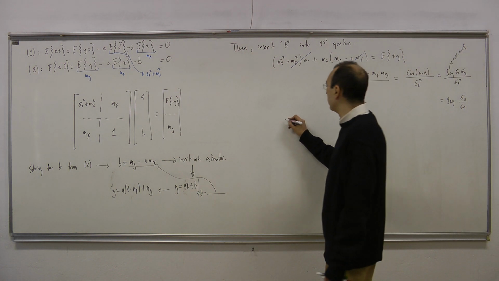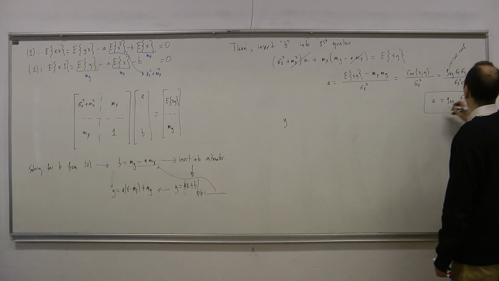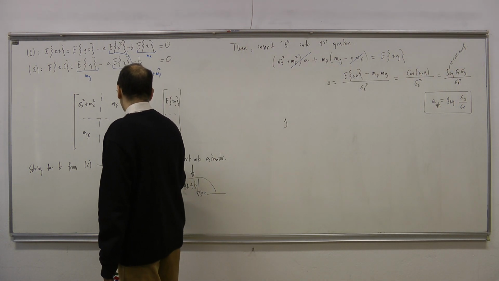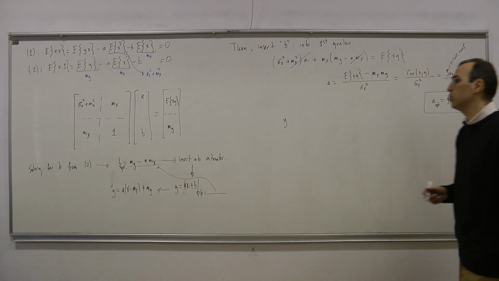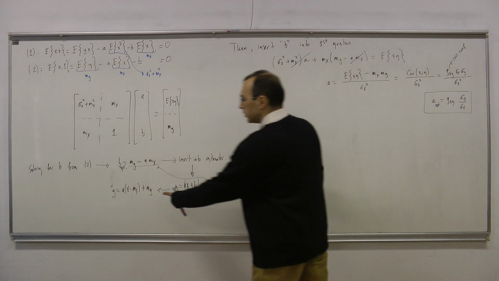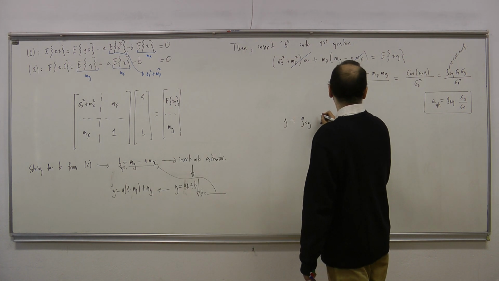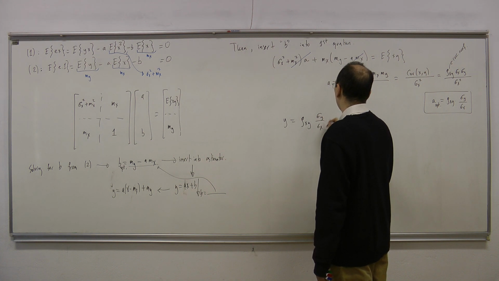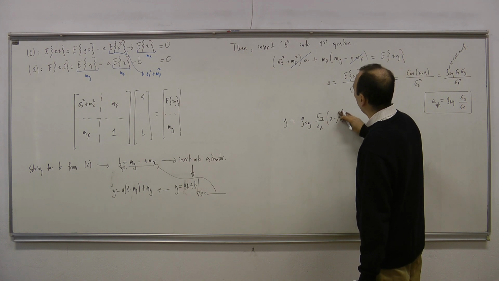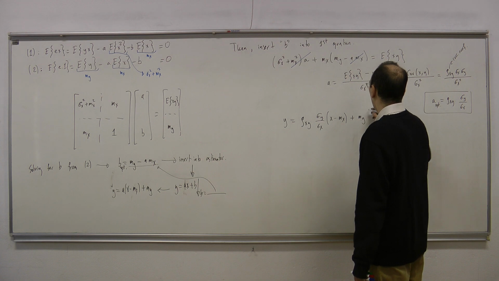So what is my estimator then? So this is my optimal a, a OPT. What is b OPT? It is this, but I should insert a over there. Then my optimal estimator is rho xy times sigma y over sigma x times (x minus mx), plus my.